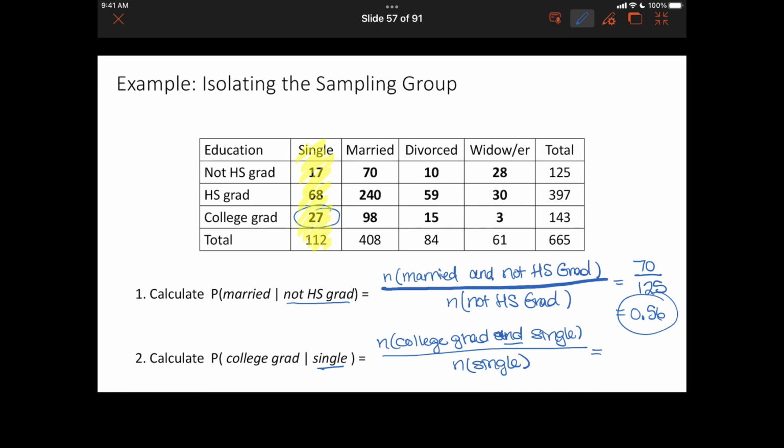So here is where college grad and singles are in my table, so that's 27, divided by the number of singles, that's 112. So I'm going to type that on my calculator, 27 divided by 112. And I get 0.241.